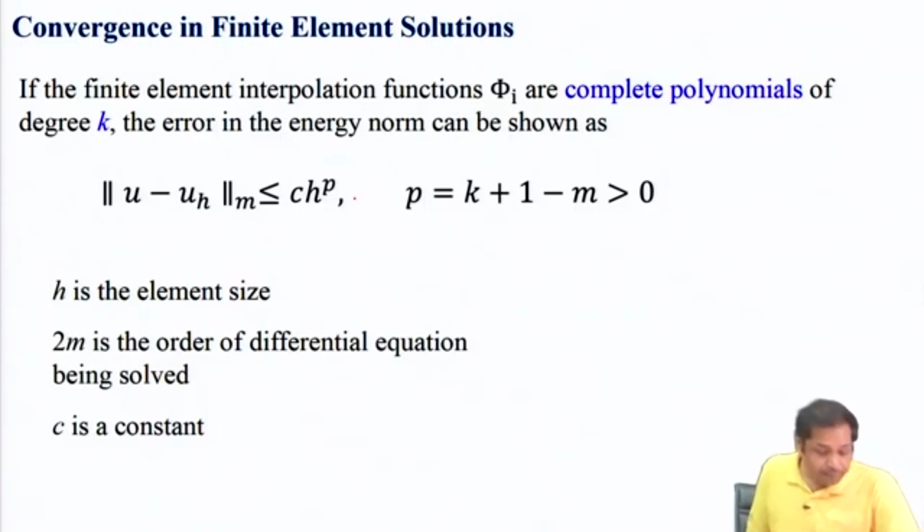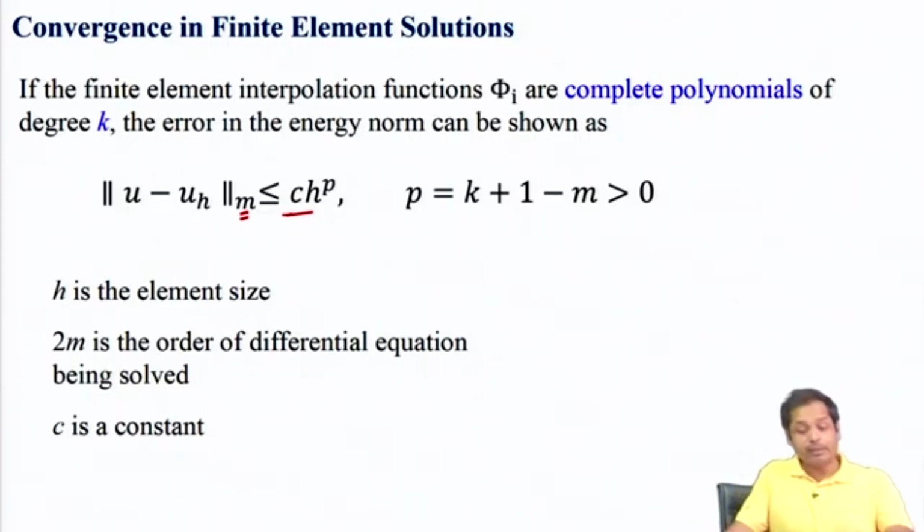What it says is that the energy norm of u minus uh is less than c h to the power p. So if you develop a finite element framework where your element size is h and the degree of the complete polynomials in the approximation is k, then the solution of finite element will converge with this rate. Okay, p will give you the rate of convergence.